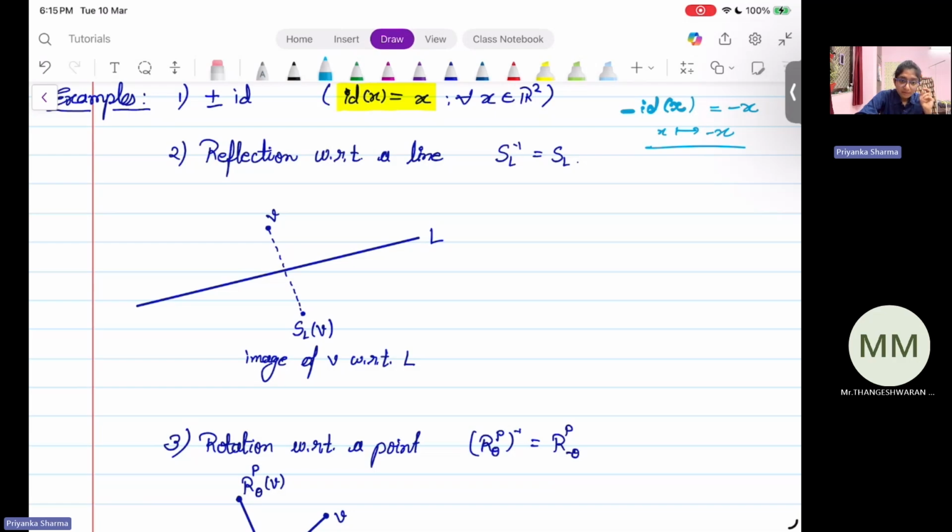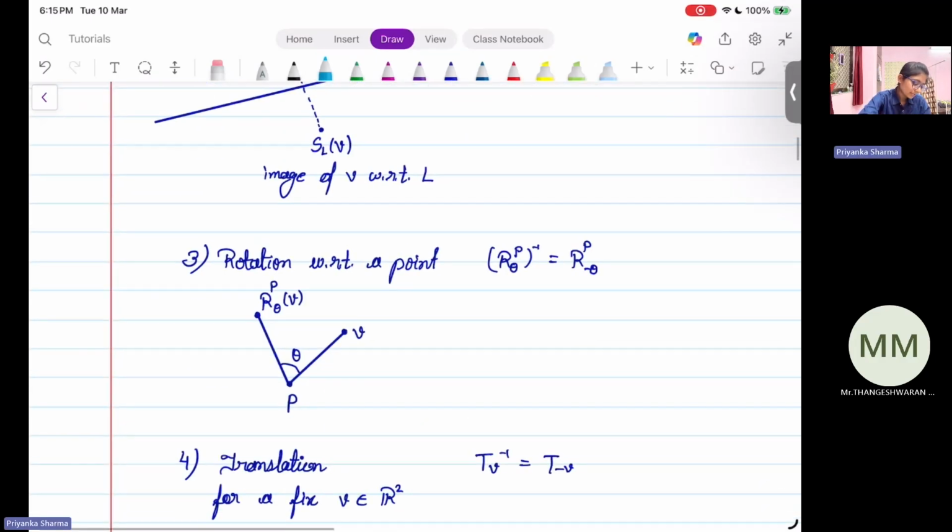We join this point to the line at an angle of 90 degrees, and then we extend this line segment in the opposite direction with the same distance, and suppose this point is P. So VP is the same as P SLV, and this line segment V SLV is perpendicular to the line L. So this is reflection with respect to a line.